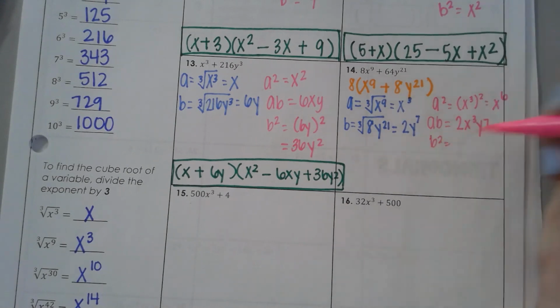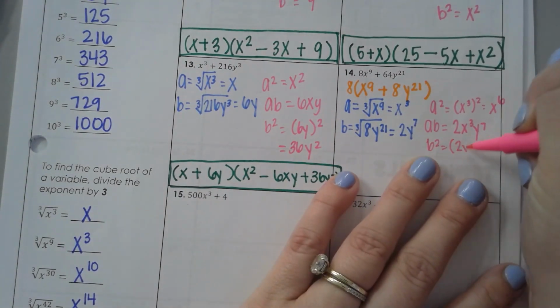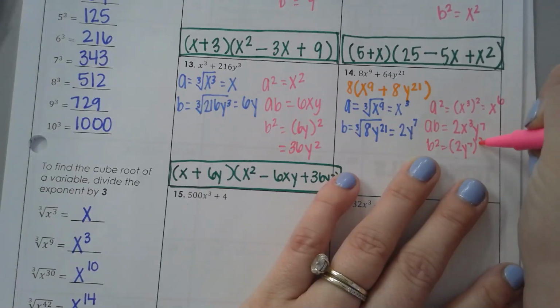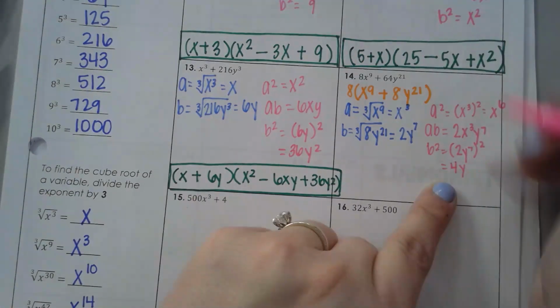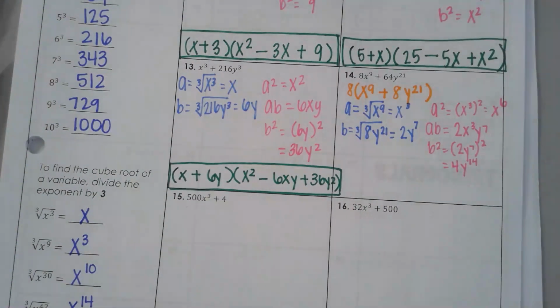And B squared, this one's kind of a hard part. 2y to the 7th squared. Where the 2, what's 2 squared? 4. And then I would have y to the 14th. Multiply the exponents.